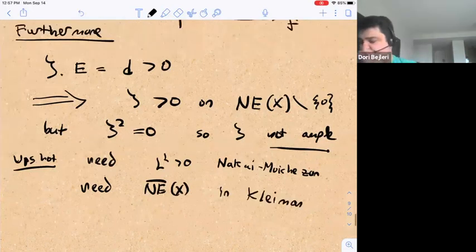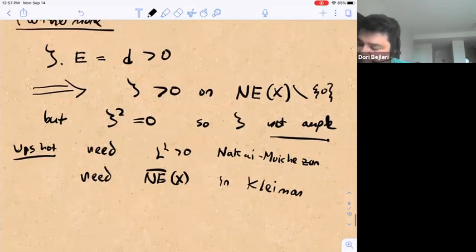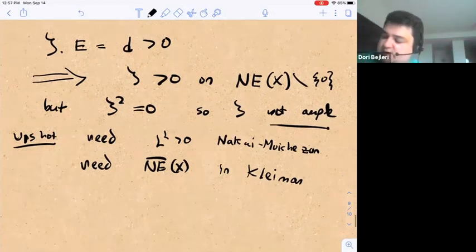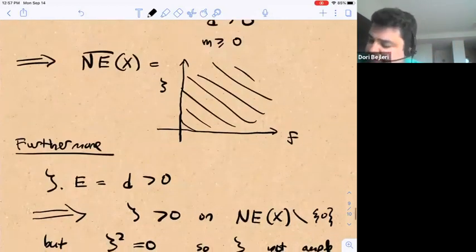So this is another reason why I really have to work with NE bar, even though it's more complicated. We can't test ampleness on just NE. This example also tells us that NE is not closed, even though here everything's rational. We already saw an example where NE wasn't closed because of rays with irrational slopes. But here everything's rational, we just have this first quadrant, and still NE isn't closed.